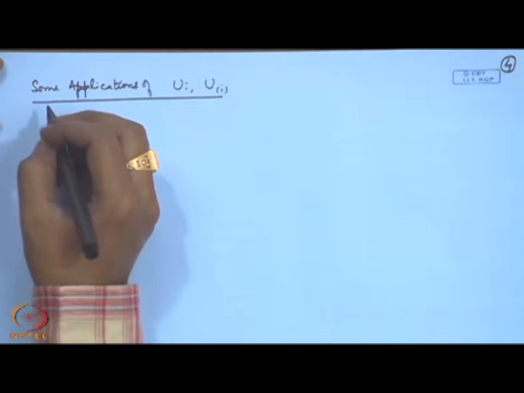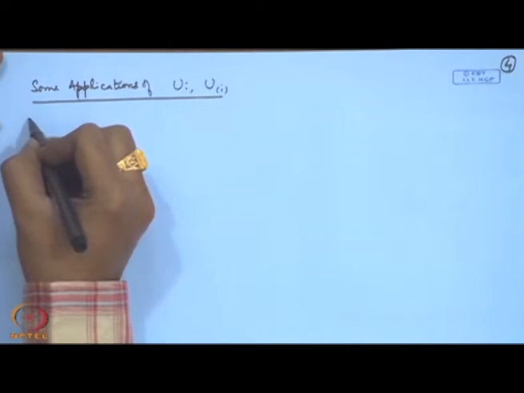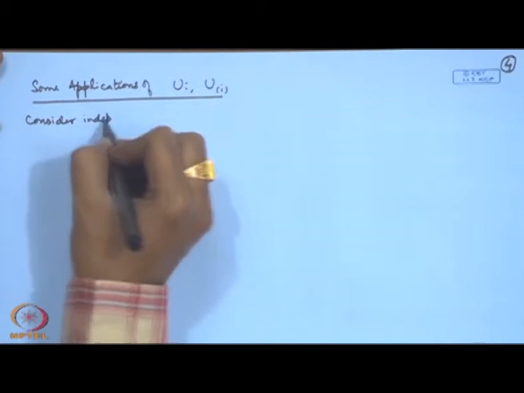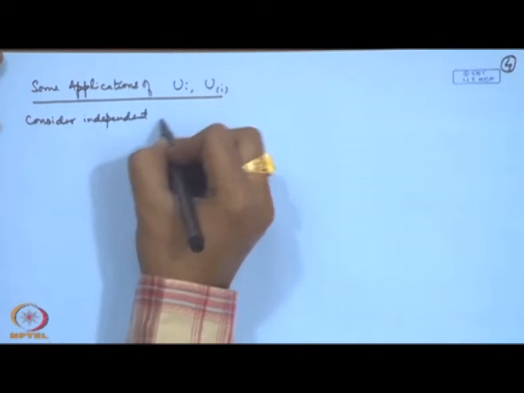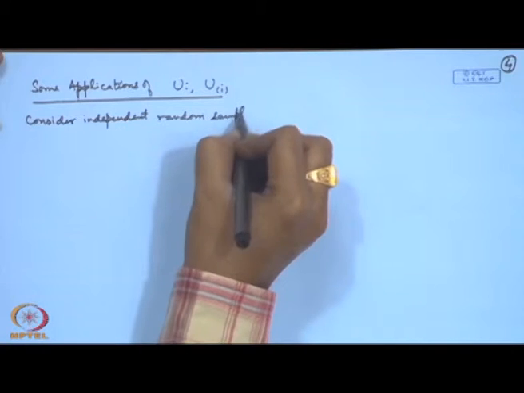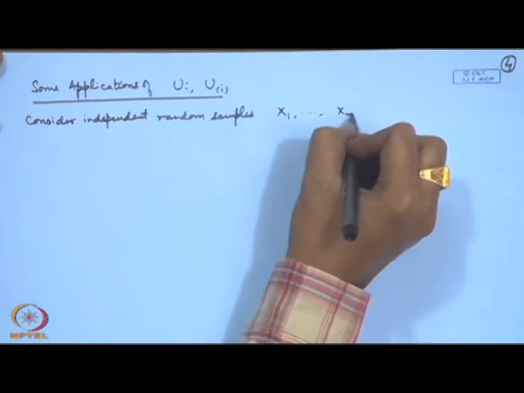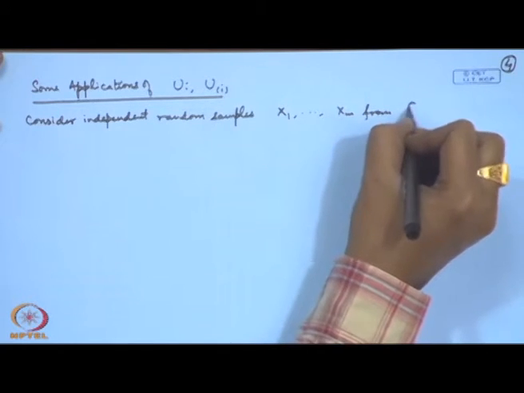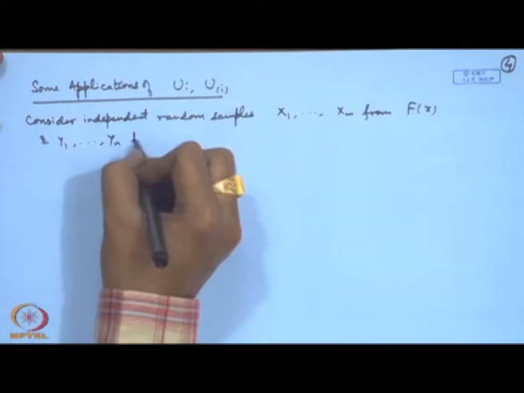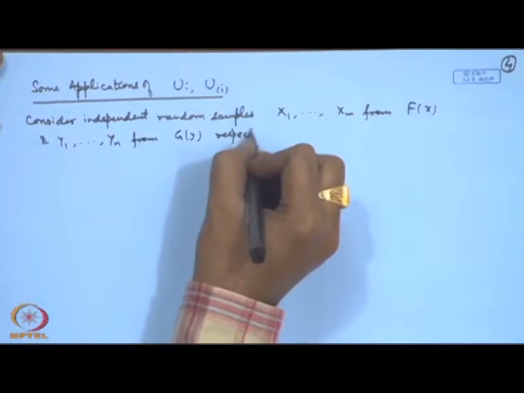So, let us go to our original assumption that we are having independent random samples X_1, X_2, ..., X_m from say F(x) and Y_1, Y_2, ..., Y_n from say G(y) respectively.